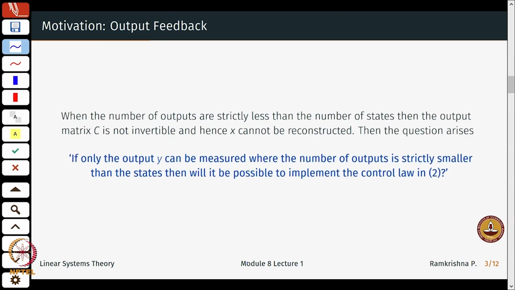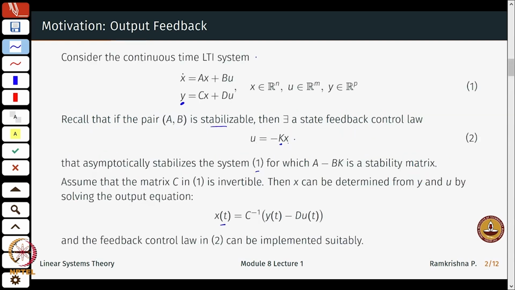However, if the number of outputs is strictly less than the number of states, then the output matrix C is not invertible, and hence x cannot be instantaneously reconstructed. So an interesting question to be asked is, if only the output y can be measured when the number of outputs is strictly smaller than the states, will it be possible to implement a control law which is u equal to minus Kx?